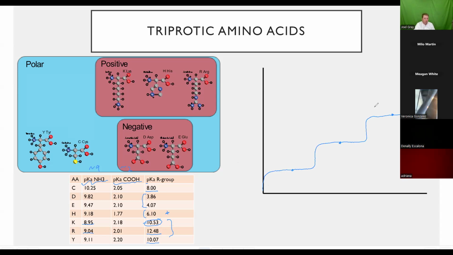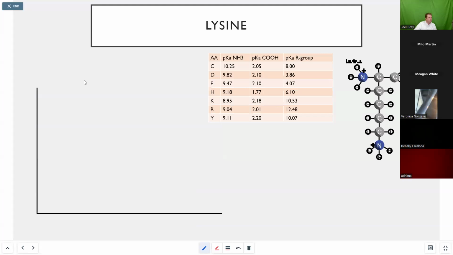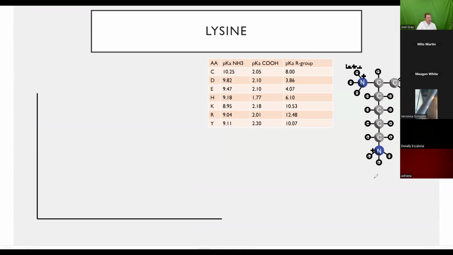Now, in terms of charge possibilities, let's look at lysine. So I'm going to jump ahead and look at lysine's titration curve. Now, again, I apologize for the markings here, the font not carrying over, the typeface. Get the terms typeface and font mixed up. So this is lysine. Got it up here.